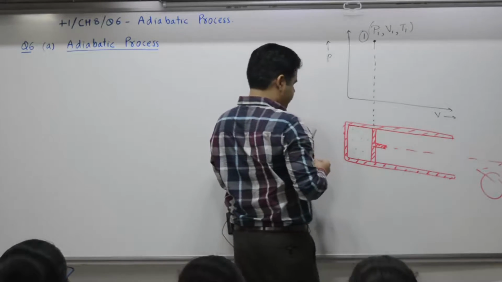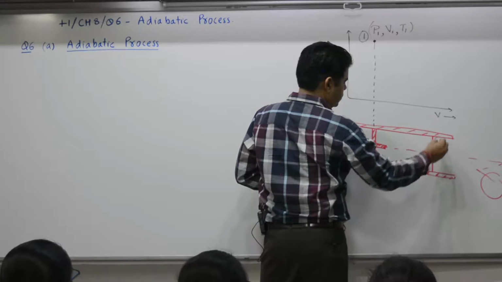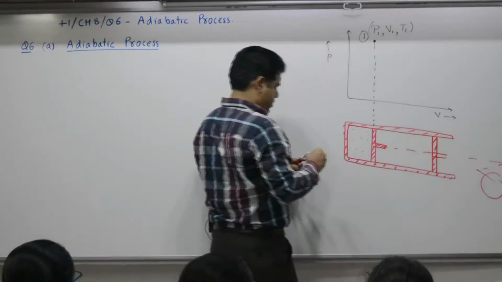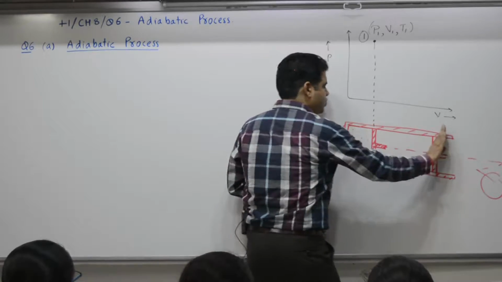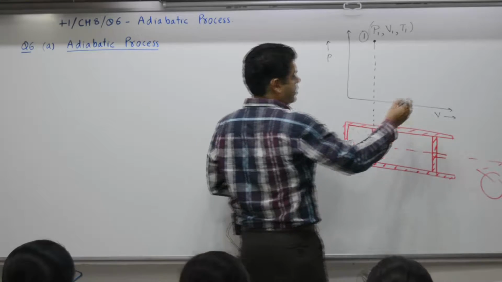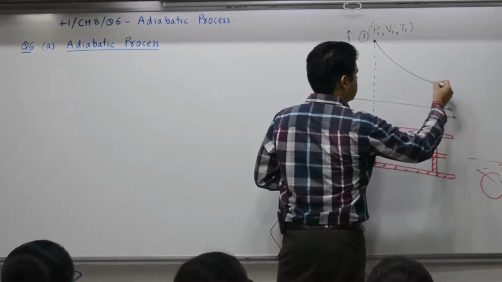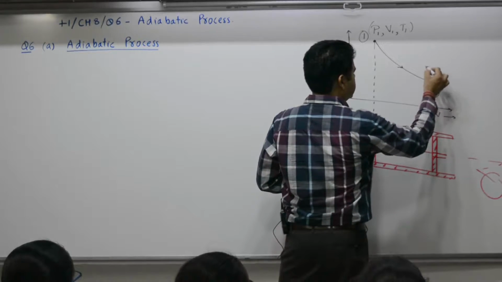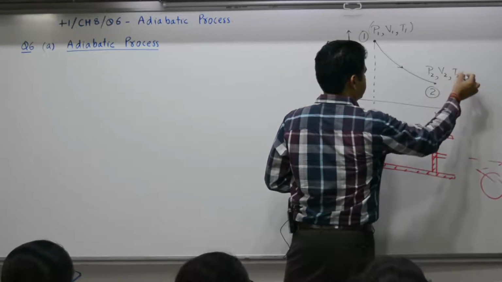The piston shifts during expansion, shifts to a new position 2. Expansion takes place, piston moves from position 1 to position 2, such that pressure during the process changes, volume changes, temperature also changes.